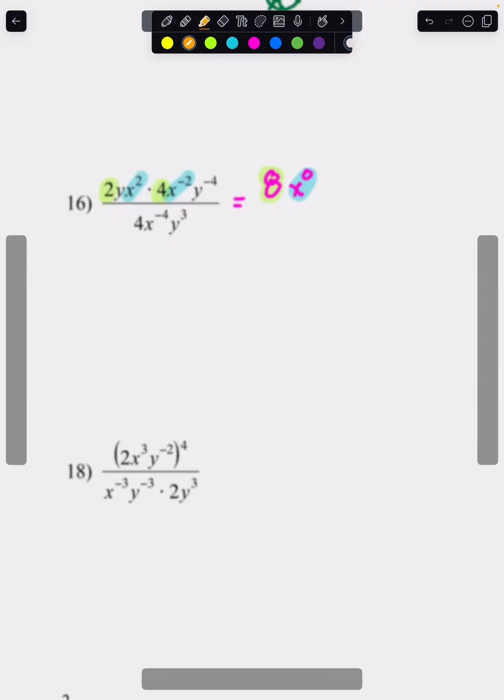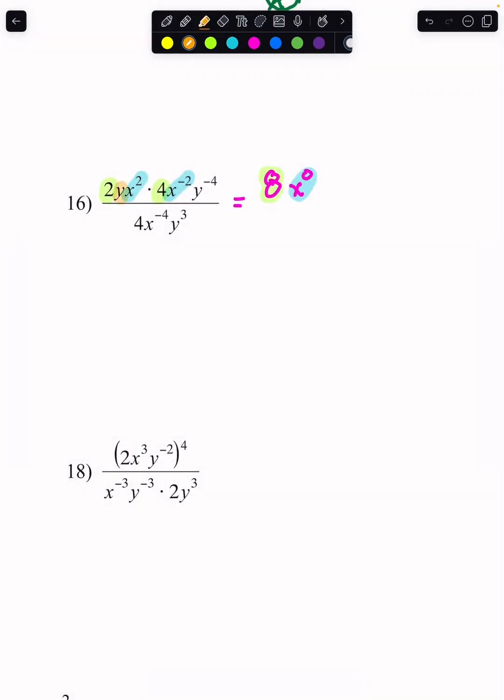That's going to end up becoming y to the negative 3. And that's from the orange. Okay? Now, all of that's going to be over 4 x negative 4 y cubed.